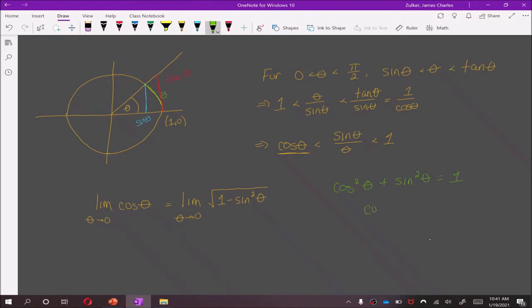This allows us to say that cosine of theta would be plus or minus the square root of 1 minus sine squared of theta. However, we're working right here in the first quadrant, and we know that cosine has to be positive in that quadrant. That is why we can ignore the negative part, and we just take cosine to be positive.